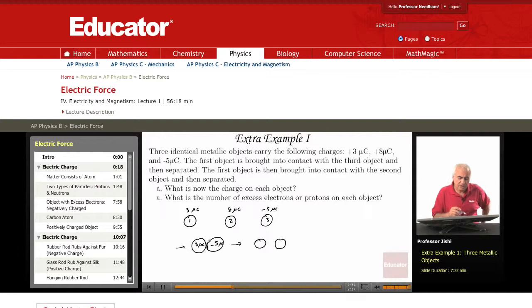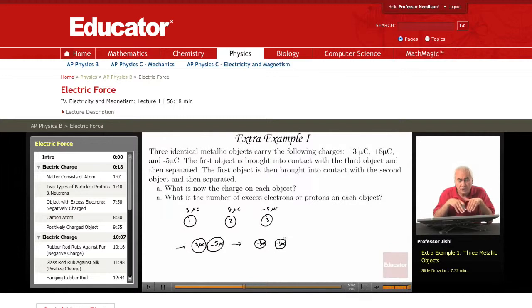Since this has 3 microcoulombs and this has -5, the total charge on both of them is -2 microcoulombs. So when I bring them in contact and keep them in contact until equilibrium is attained, I'll end up with -1 microcoulomb on this and -1 microcoulomb on that.